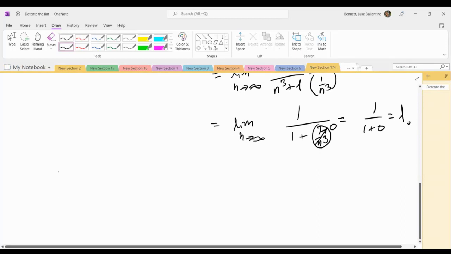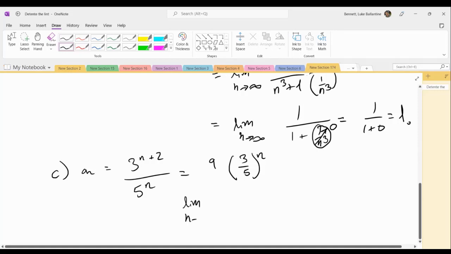C. a(n) is 3 to the n plus 2 over 5 to the n. So this is actually just 9 times (3 over 5) to the n using exponent properties. And the limit as n goes to infinity, 9 times the limit, right? The 9 can pass outside the limit because it has no n. And so this limit is 0.